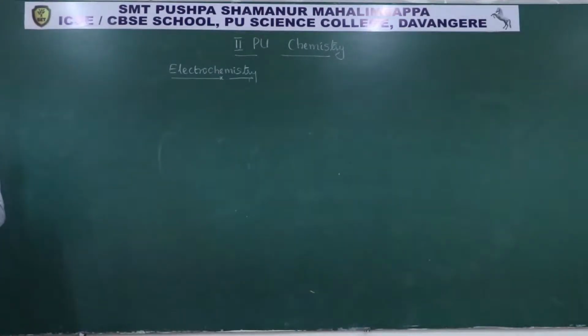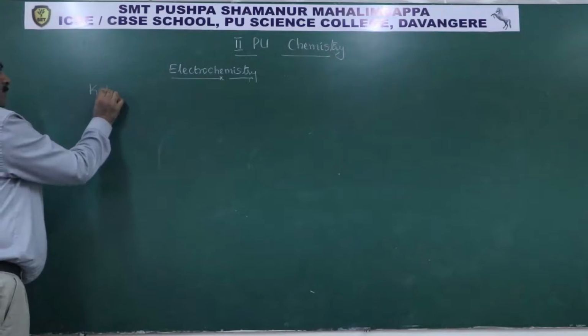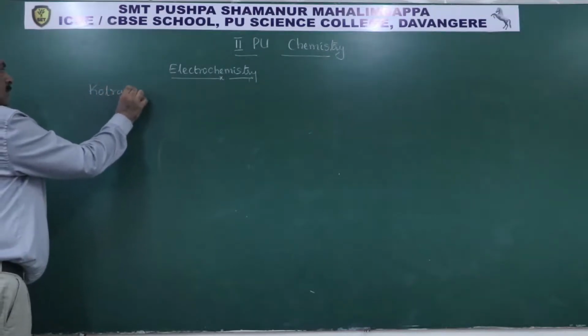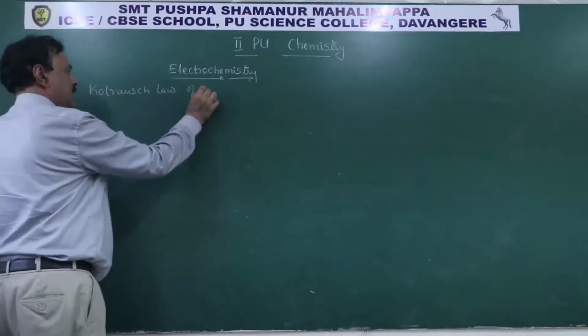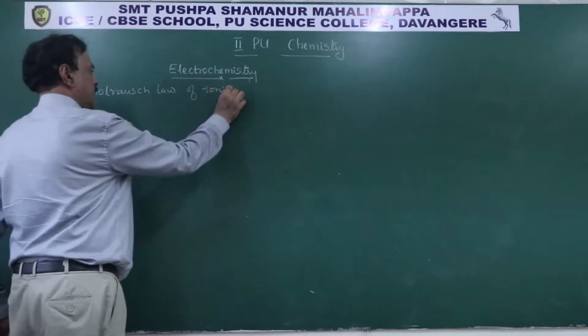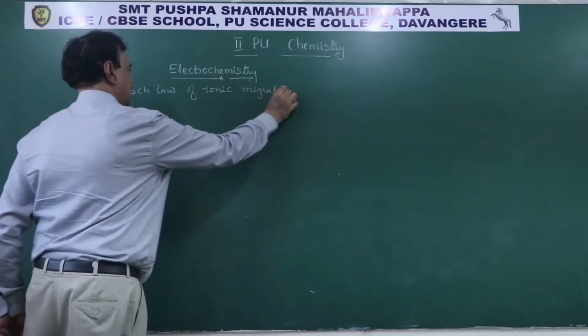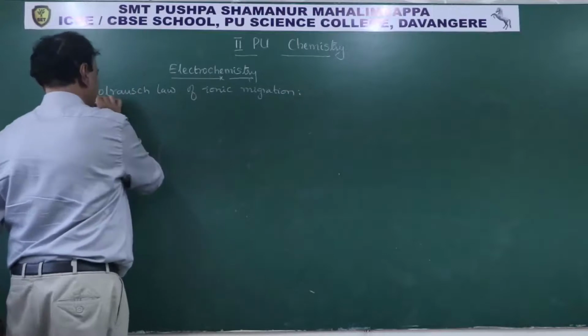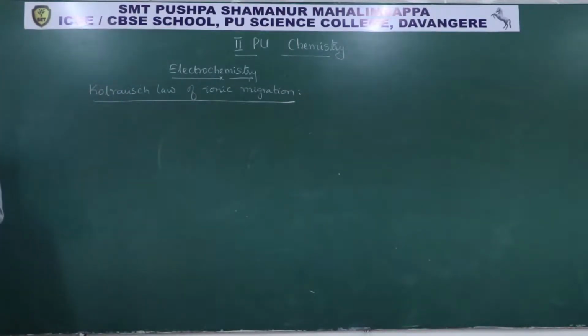Next one is Kohlrausch's law of ionic migration.